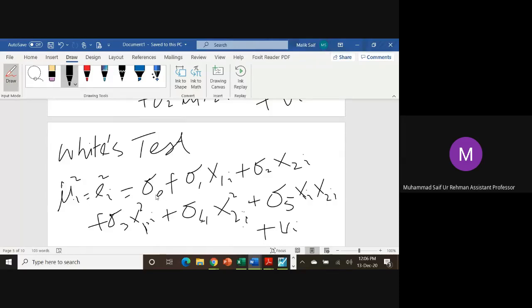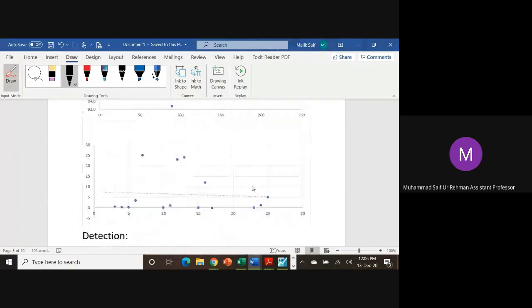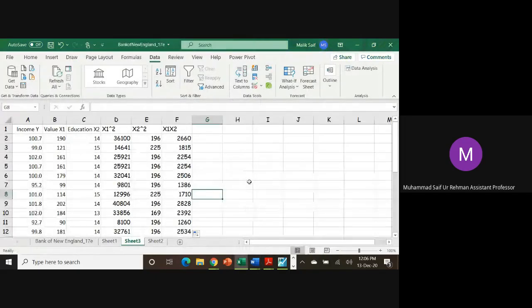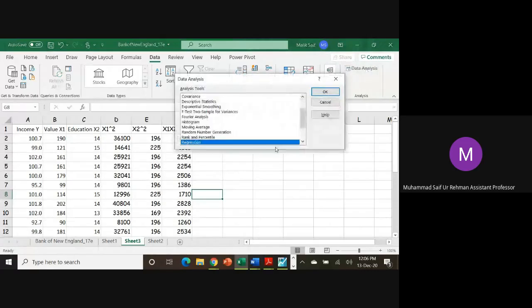So when you have all these values, delta naught, delta 1, you can have all these values if you ask Excel to give you the regression results. How? Data analysis, regression.